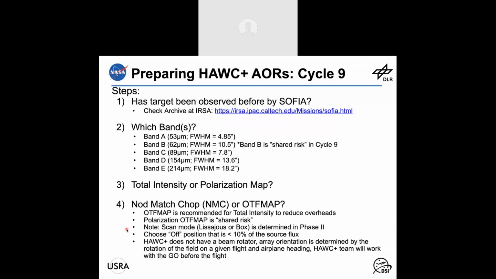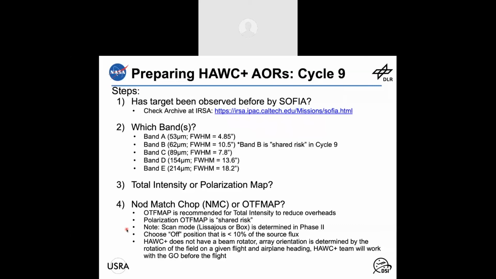One thing to note is also in your choice of the off position in the nod match chop mode, make sure you select an off position that has less than 10% of the source flux. That will help to properly subtract out the background. And also one thing to note is that HAWC Plus does not have a beam rotator.